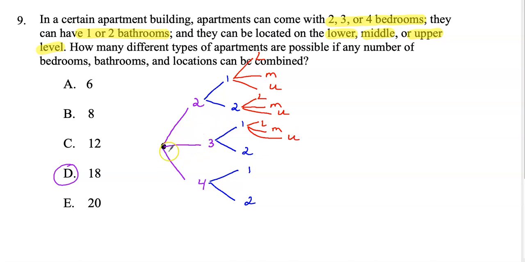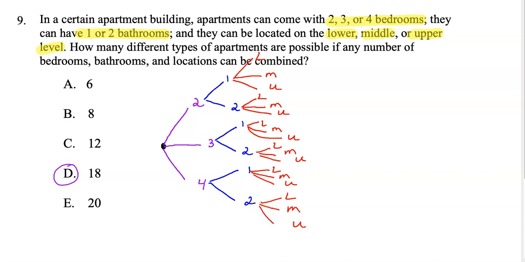It's getting kind of ugly, my tree diagram, and I just keep going. I'm just going to continue to branch out lower, middle, upper for each remaining branch.